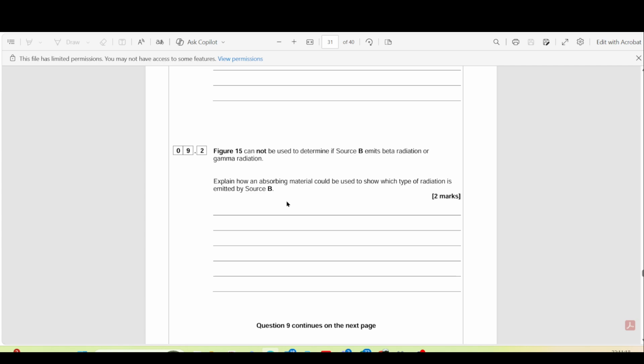I think beta passes through paper. Beta passes through. Or is it that beta radiations do not penetrate, and only gamma will?